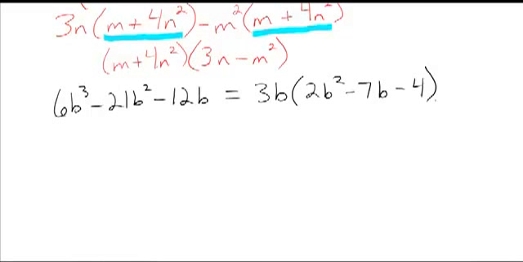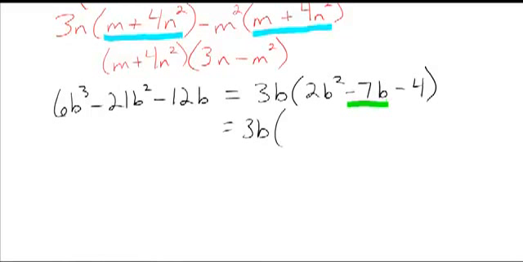All right, well, we know we've got our 3b out front. Now I want to take this middle term, minus 7b, and rewrite it as two terms, still adding to negative 7b. But how do I know what two terms to split it into? Well, I multiply the a and the c.